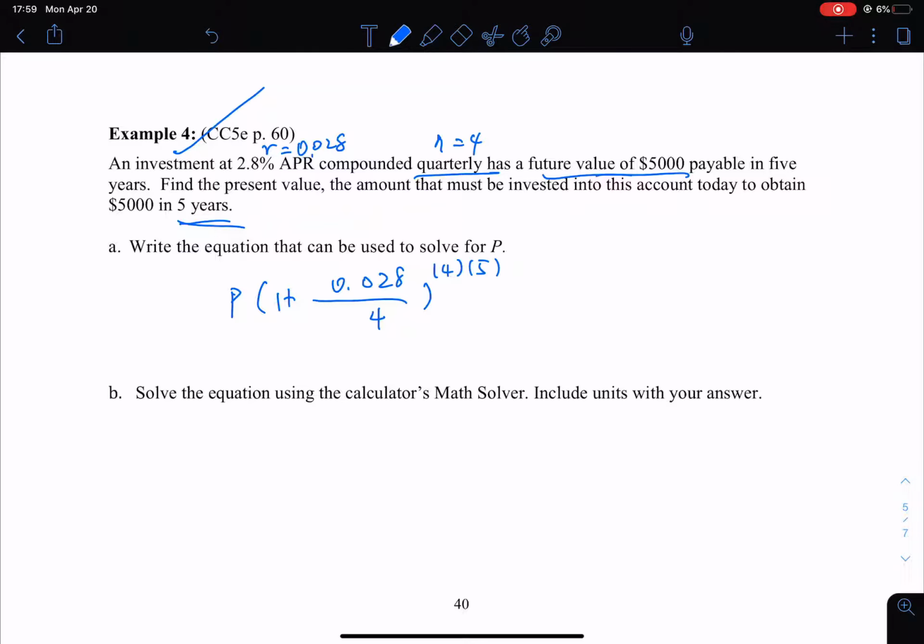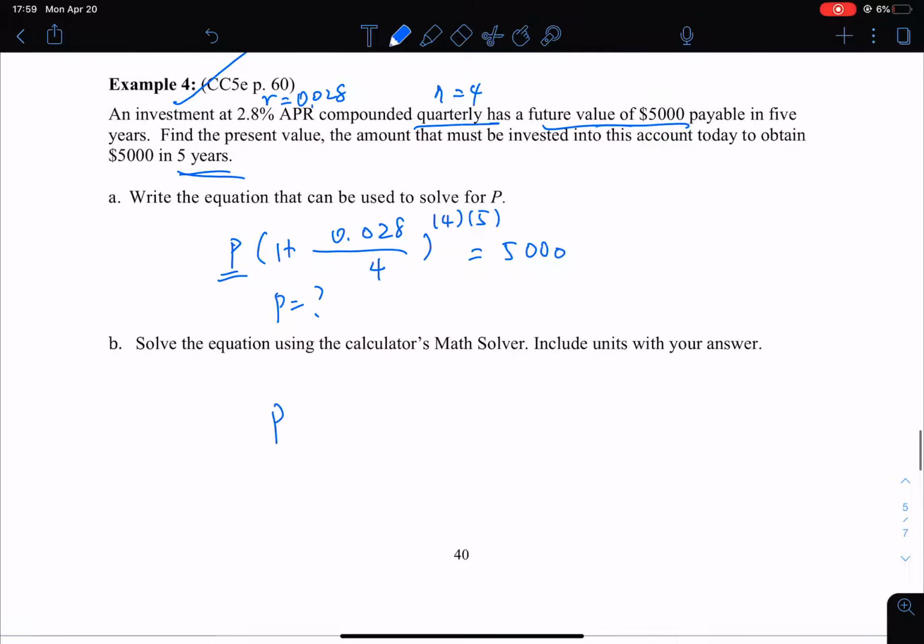It is asking for your original investment. 5 years later, your investment will be $5,000. So the question is asking for the value of P. You just use a math solver. So we solve for P, which is 4,348.292.